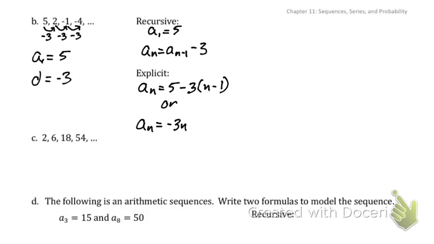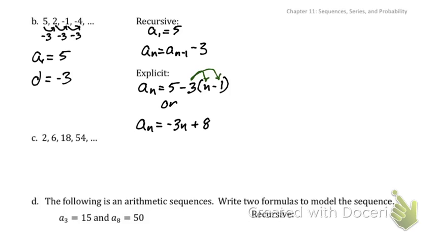Negative 3 times a negative 1 is actually a positive 3, plus 5 is 8. I'm going to stop right there. Is anyone confused by how I get from here to here? I just want us to know that this is the exact same formula. It is just me distributing that negative 3 to there and there and simplifying. It really is just simplifying that equation.